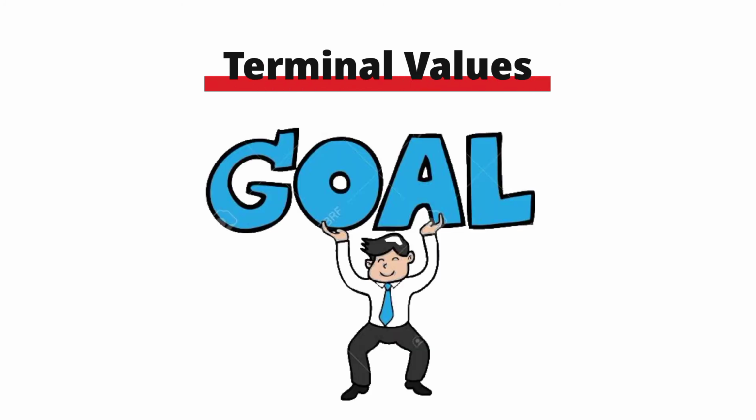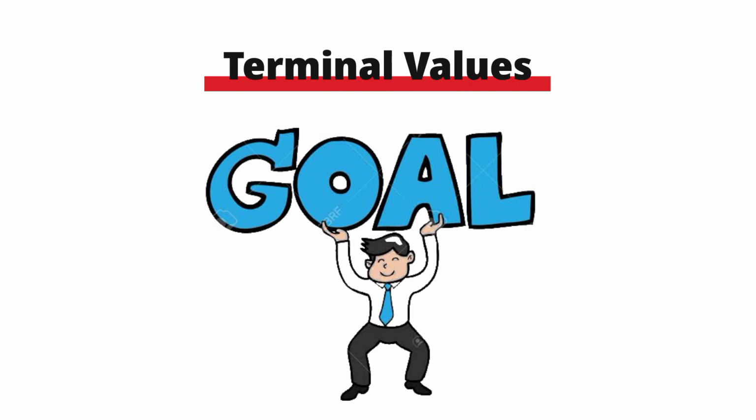Terminal values refer to desirable end states. These are values that we think are the most important or most desirable. These are the goals a person would like to achieve during his or her lifetime.